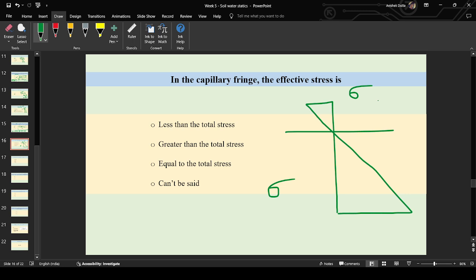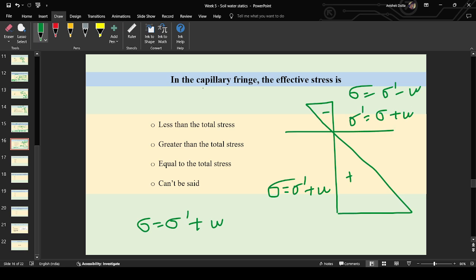So we know sigma, the total stress, equals effective stress plus pore pressure, but here it is negative and there it is positive. So it equals effective stress plus u in one case, and effective stress minus u here. So in this scenario, effective stress will be equal to total stress plus u.